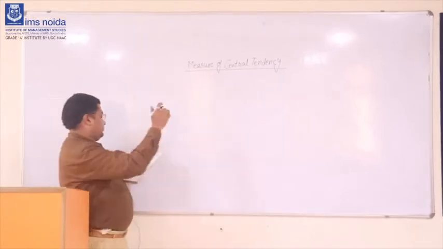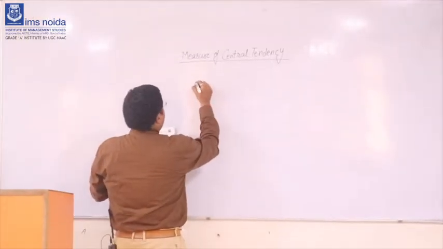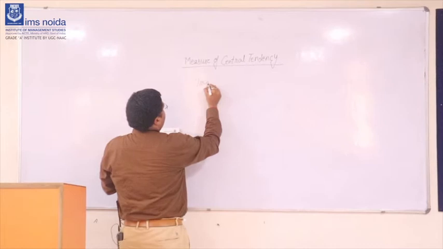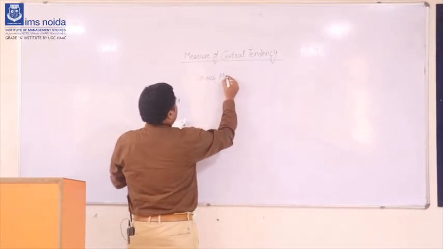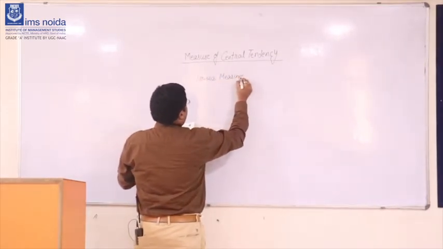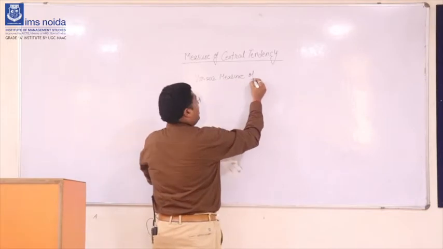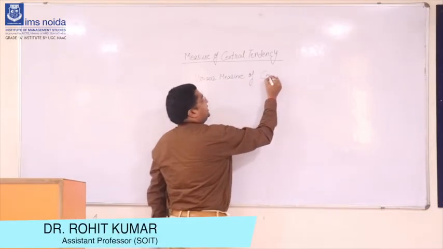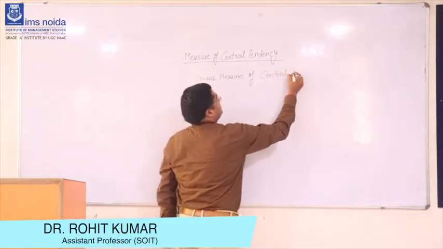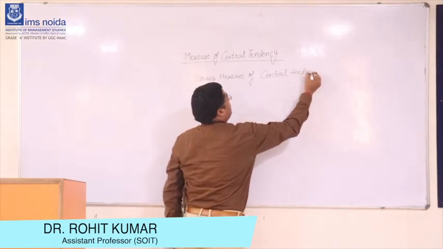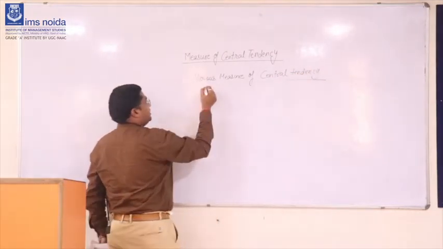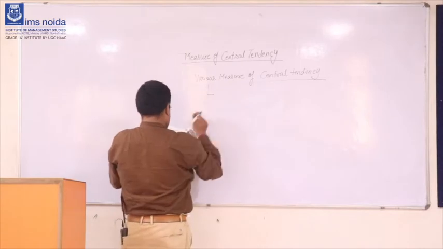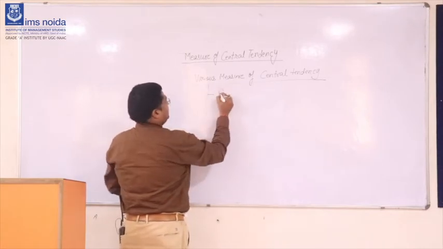There are various measures of central tendency. First, arithmetic mean.